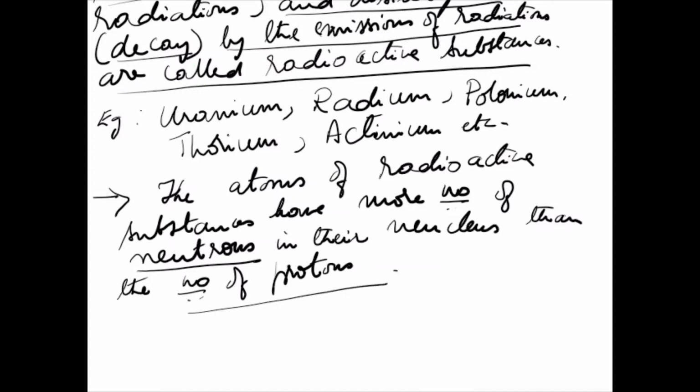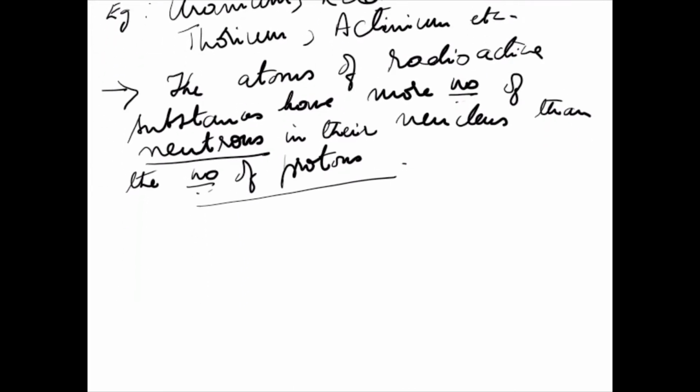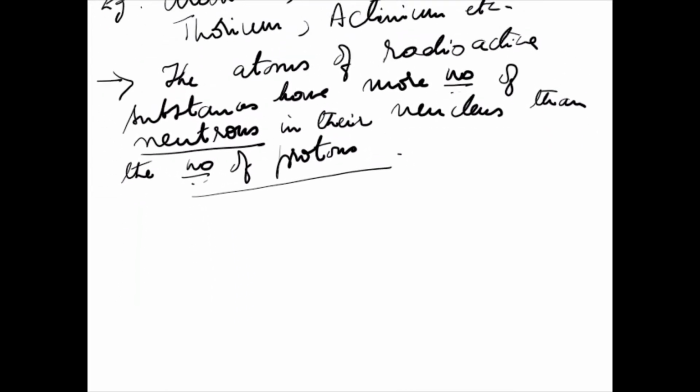Now, this process of emission of radiations, which radiations? Alpha, beta, gamma, from the nucleus of atoms of heavier elements is called radioactivity. So radioactivity basically happens by the nucleus. The electrons are not responsible for the phenomenon or process of radioactivity.